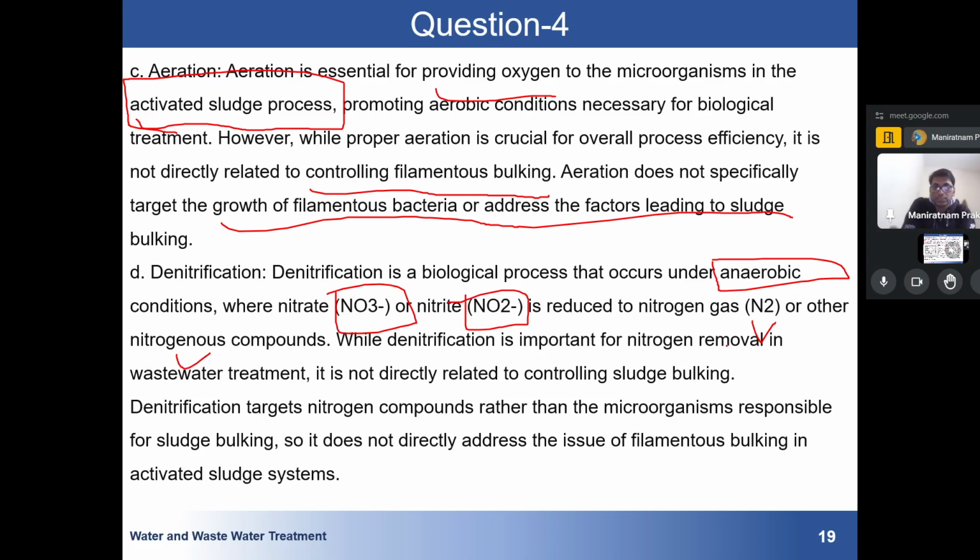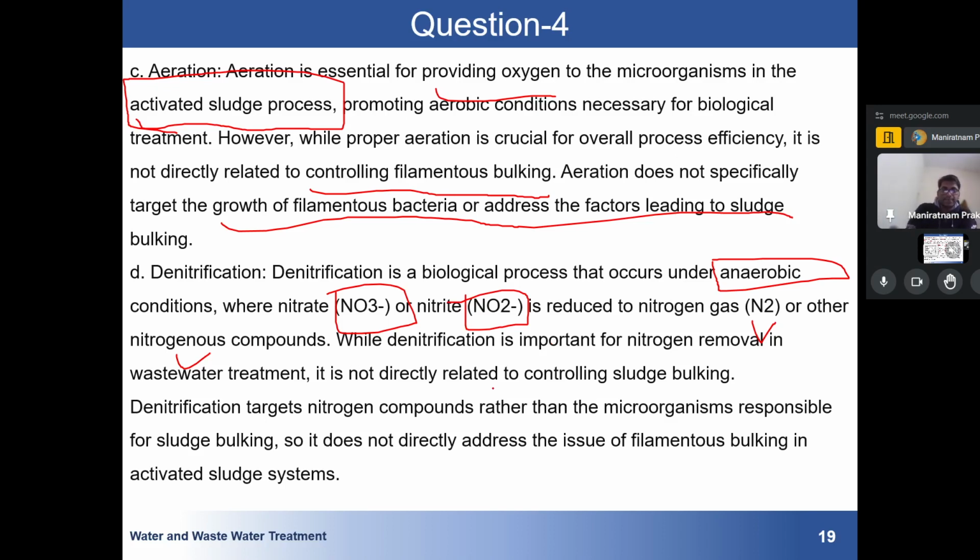While nitrification is important in nitrogen removal... remember, denitrification in the name itself suggests that this is for removal of nitrogen. That is, nitrate present in the system will be converted into nitrogen gas or other compounds, and it will escape from the system. It has nothing to do with the growth of our microorganisms.